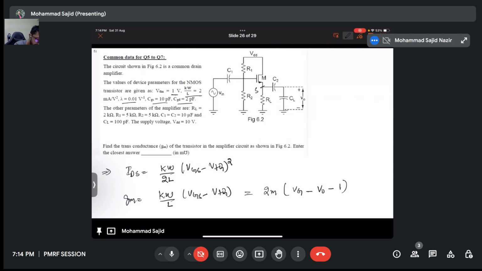And what is VG? R2 divided by R1 plus R2 multiplied by VDD. So VG, R2 is 5 kilo divided by 5 kilo plus 5 kilo multiplied by 10. So VG is 5 volts.